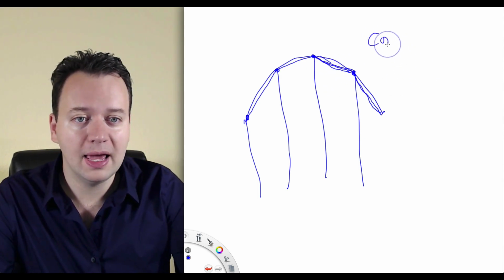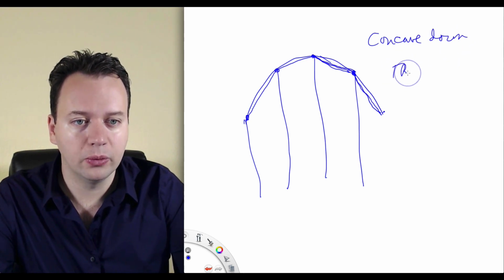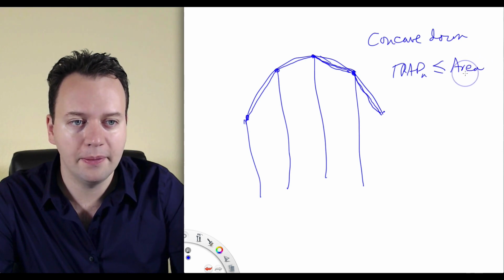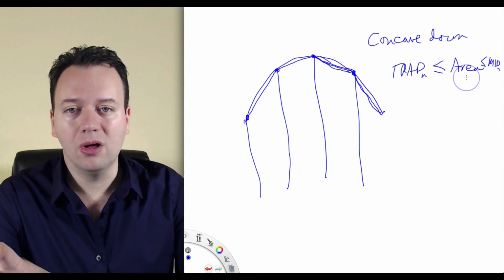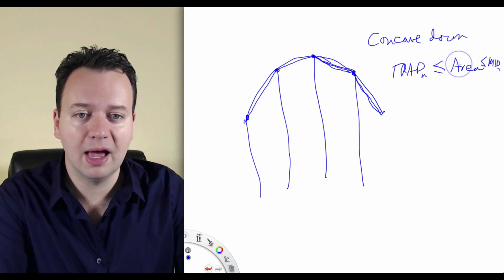So for a concave down function, the trapezoid rule is always less than or equal to the actual area. And we said that the area was less than or equal to the midpoint rule. So the trapezoid and midpoint rules present lower and upper bounds, respectively, for concave down functions.